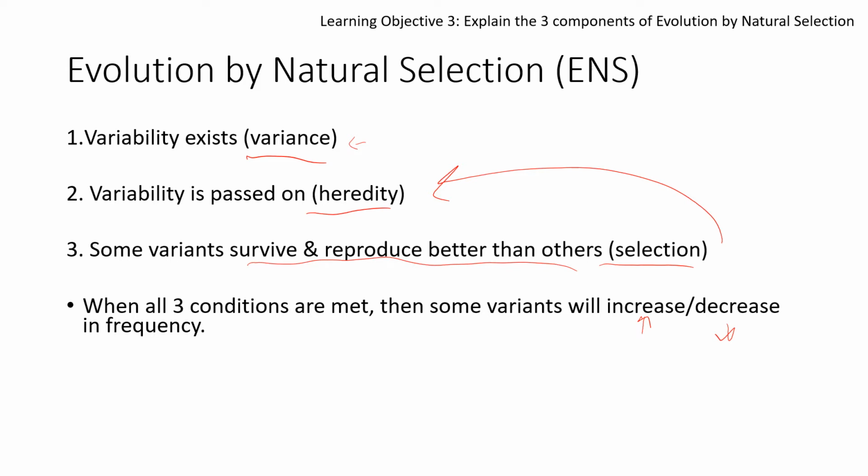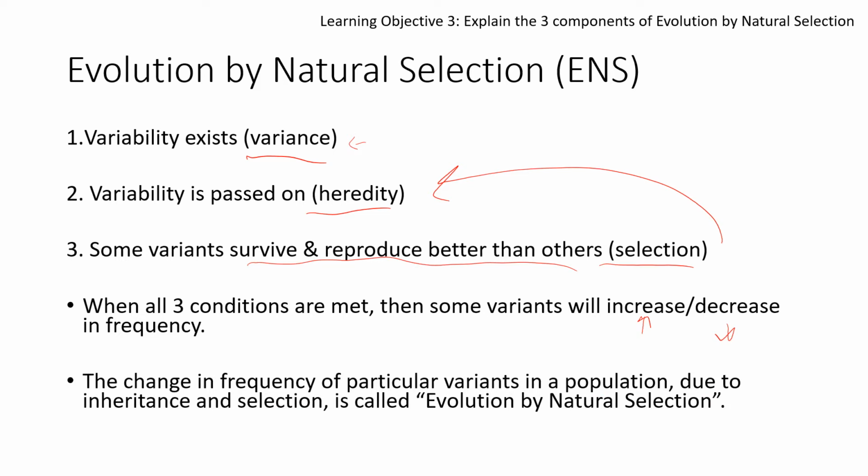The variants that tend to aid in survival and reproduction increase in frequency. The ones that hinder survival and reproduction decrease in frequency. And when all three of these come together, the change in frequency of particular variants in a population due to inheritance and selection is called evolution by natural selection.